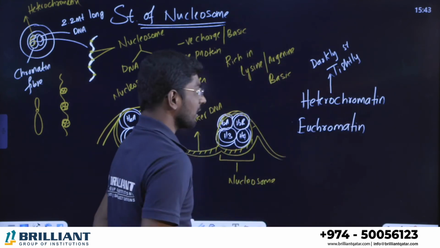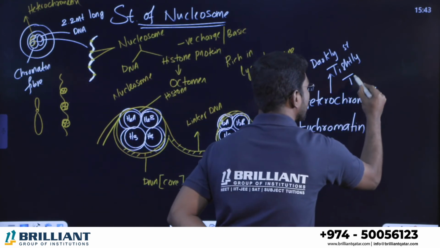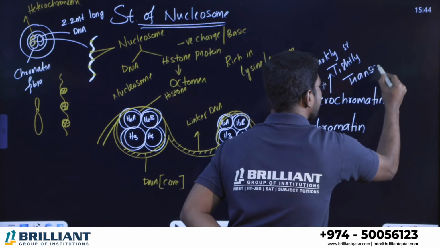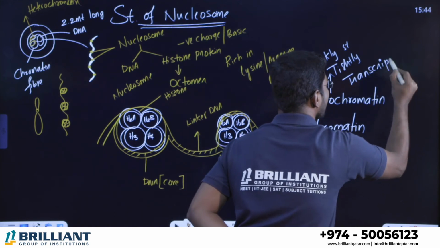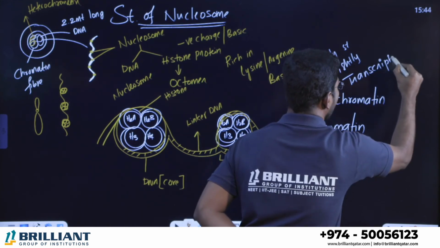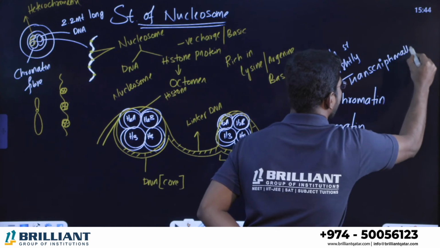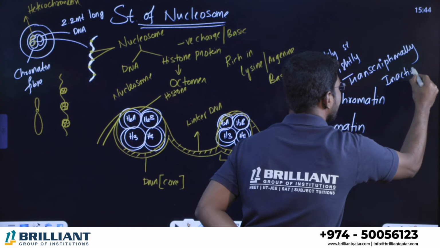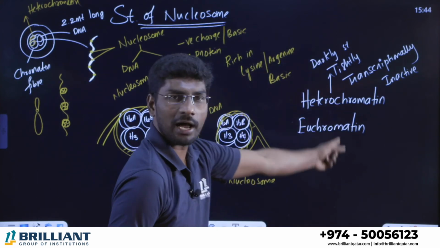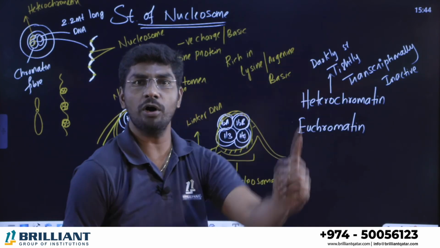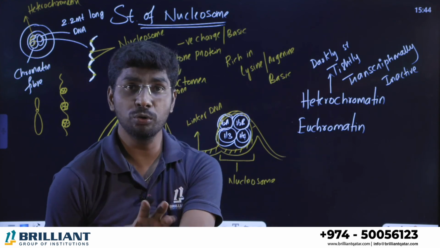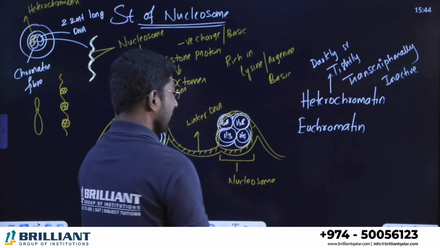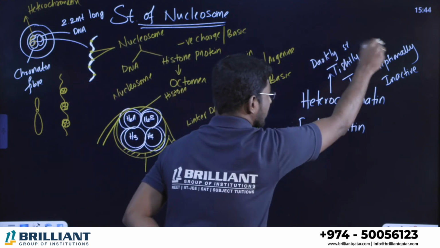Am I clear? Tightly. And transcription-wise, it is transcriptionally inactive. Many times in the examination, questions have been asked on the difference between these two types of chromatin. One is called euchromatin, one is called heterochromatin. Heterochromatin has the characteristic features like this.